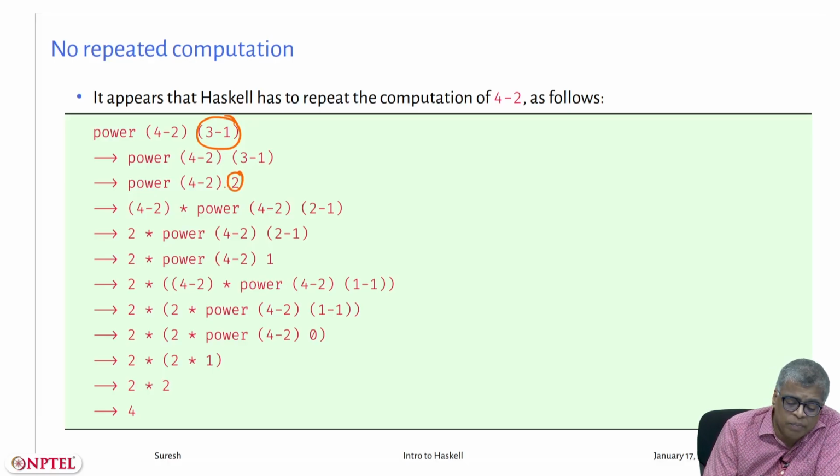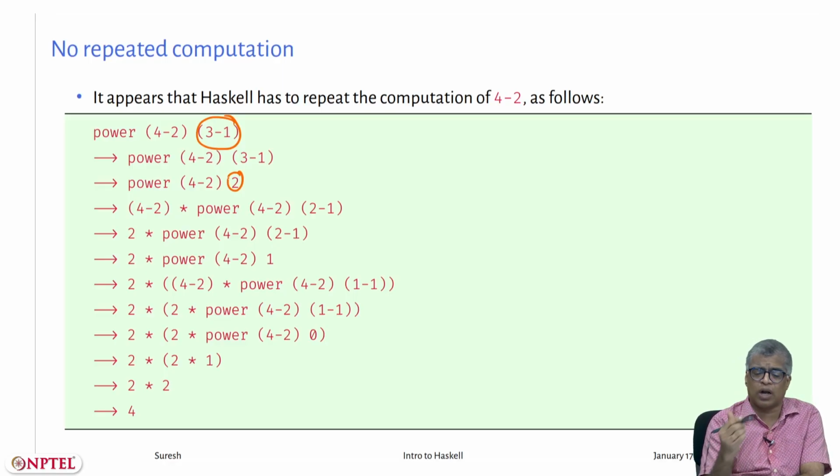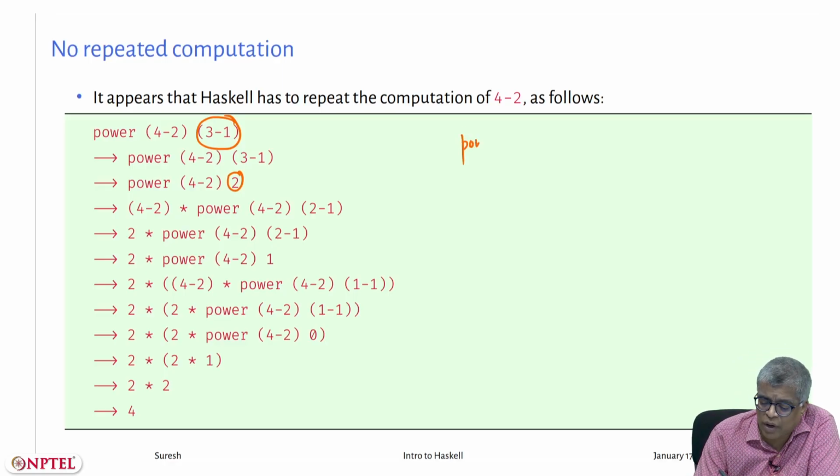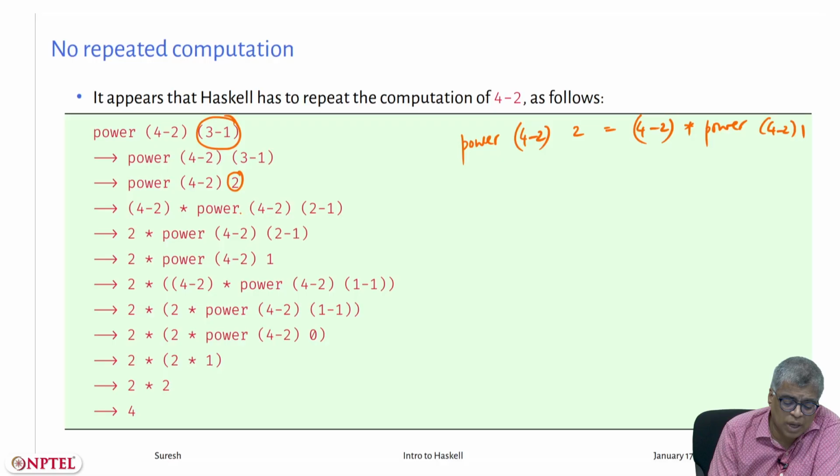And then it won't care what that x is, because for applying a user defined rule, you don't need to simplify the arguments to the simplest possible form; the arguments could be expressions. If I have power (4 - 2) 1 or (4 - 2) 2, I will just use them as they are. So that is what is happening here.